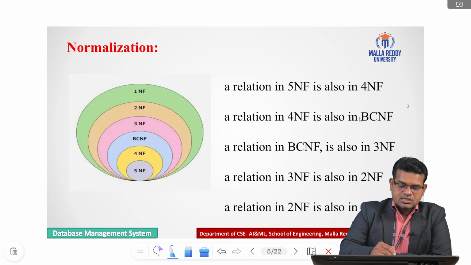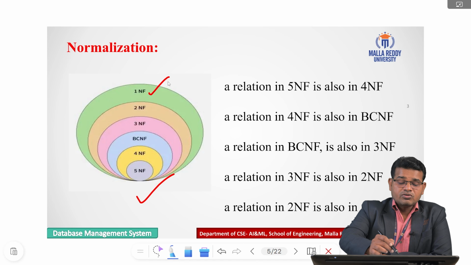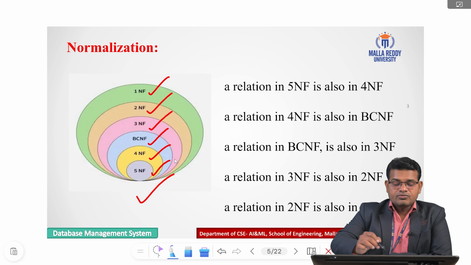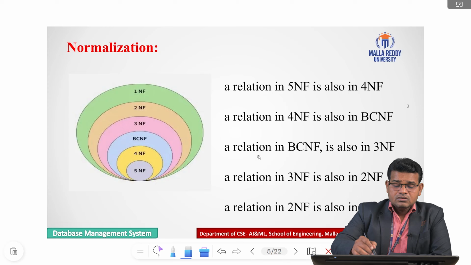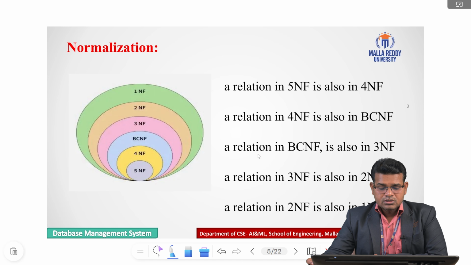By using this picture, we can understand how these are achieved in order. On a relation, we first achieve first normal form, then second, then third, then BCNF. 4NF and 5NF are also there, but at present we are not discussing them; we are going to discuss the first four normal forms.